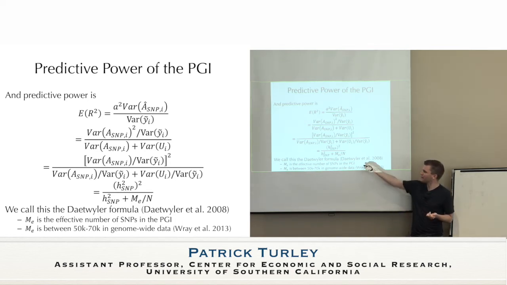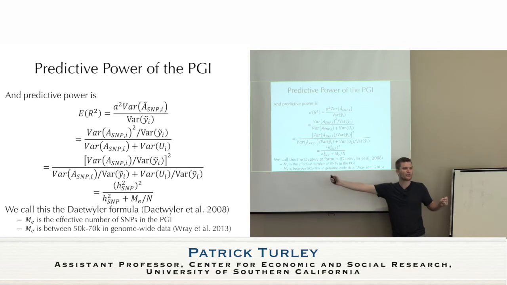The idea of where it kind of comes from is that this piece here is just related to how much error there is in your betas. Like what's the sampling variance of the little b's? And sampling variance is decreasing in n. And so that's why the over n shows up. And the amount of error is aggregated over all the SNPs that you use in your data.